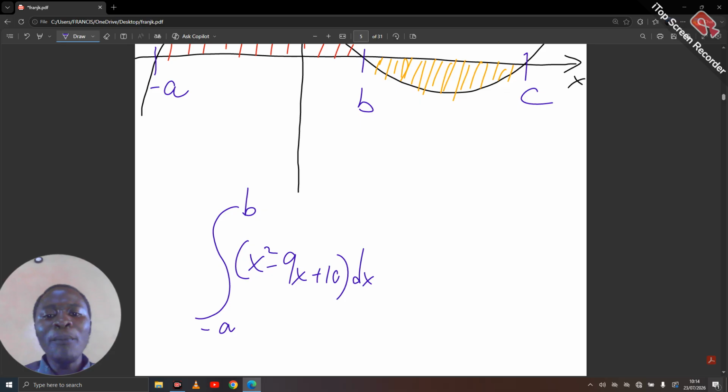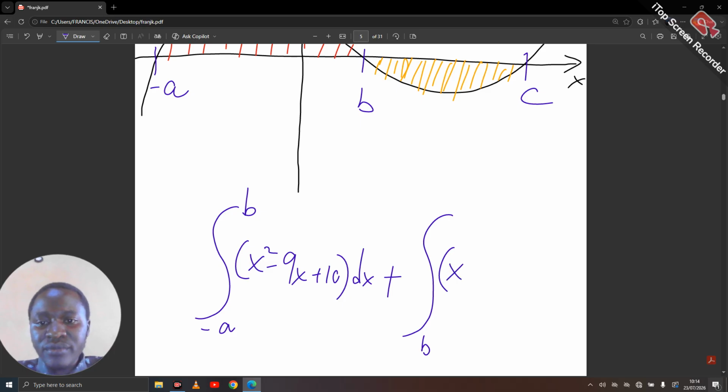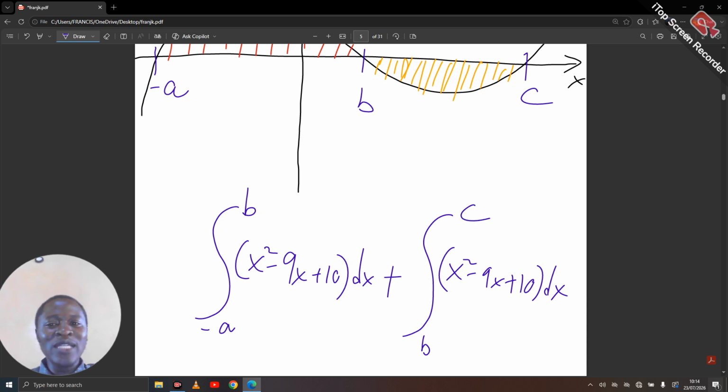That is the first one. Plus the second body, which you pick from b: the same function, x squared minus 9x plus 10 dx, all the way to c.